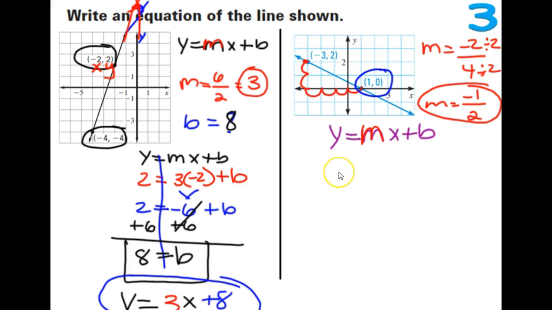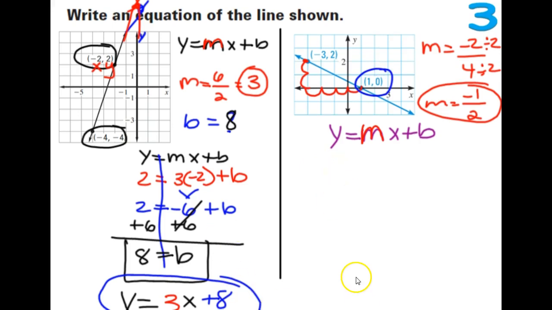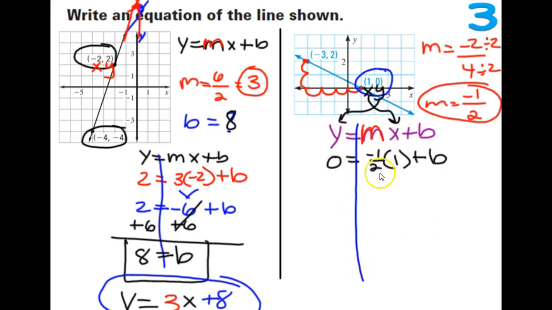We don't know what b is. I'm going to use this point because it has a 0 in it. I like adding and subtracting and multiplying by 0. So this is x and this is y. So y first is 0. m is negative 1/2 times x, which is 1, and then plus b. So negative 1/2 times 1 is just still negative 1/2.